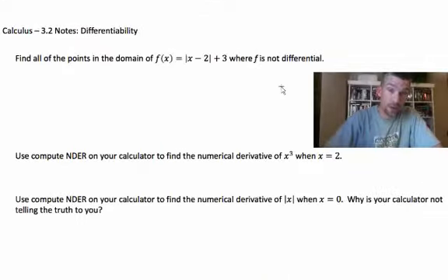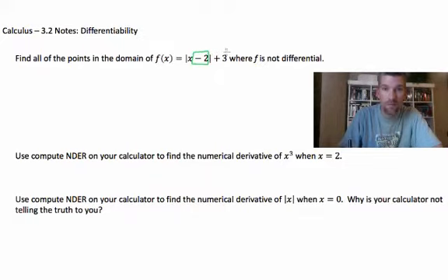So what we're going to do on this problem then is take a graph that they've given us, f of x equals absolute value of x minus 2, plus 3, and hey, guess what? There's a place where this is not differentiable. There's a lot of places it is, but there's one place it isn't. And when we're dealing with absolute value, the one place that we're not differentiable is right where we're at our vertex.